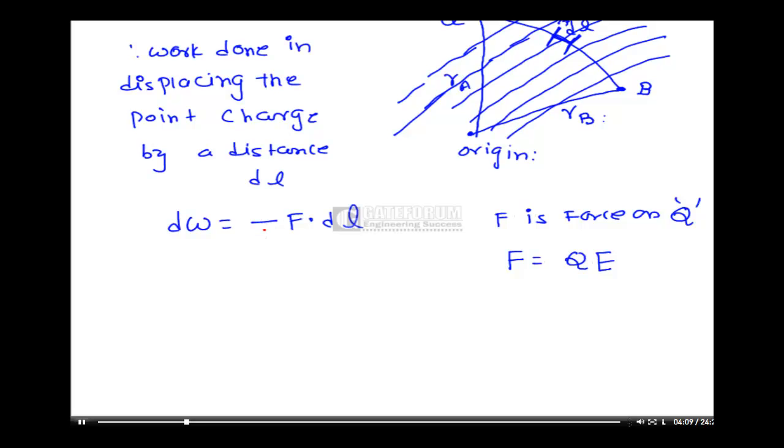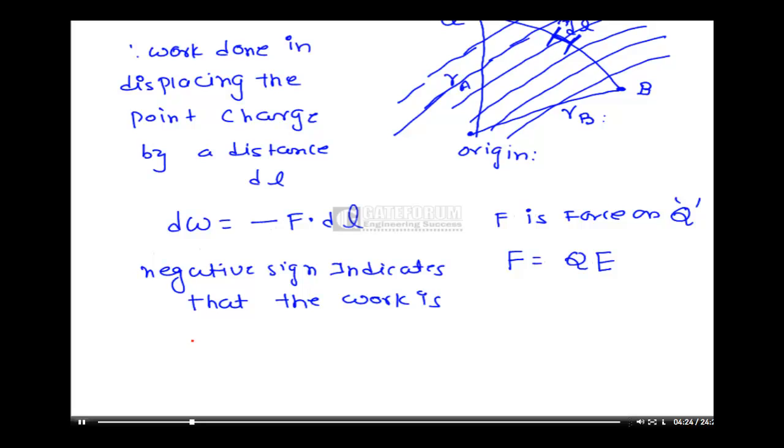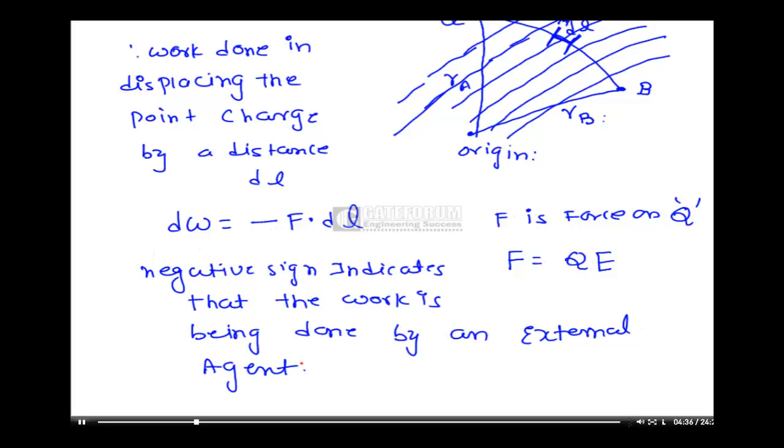That's why this negative sign indicates that the work is being done by an external agent, or simply, against the field.